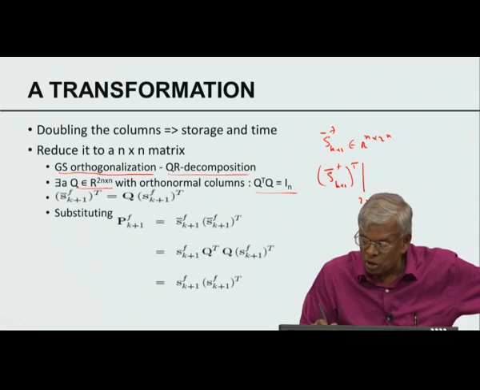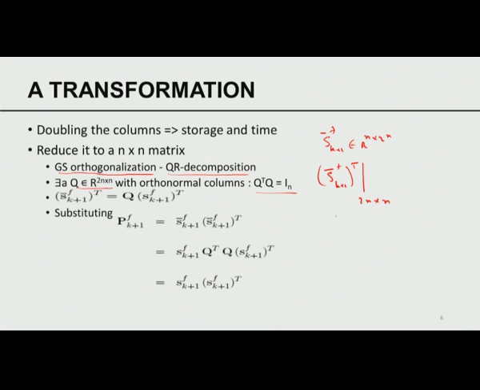This matrix has more rows than columns, so this essentially corresponds to the overdetermined case of H that we have used in the context of static inverse problems. This matrix is a rectangular matrix with double the number of rows than the number of columns. Q is a matrix again 2n by n.